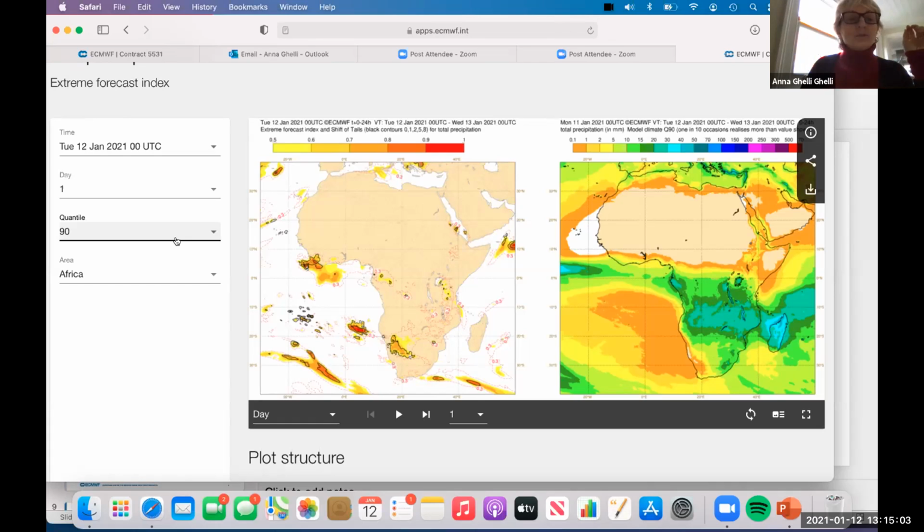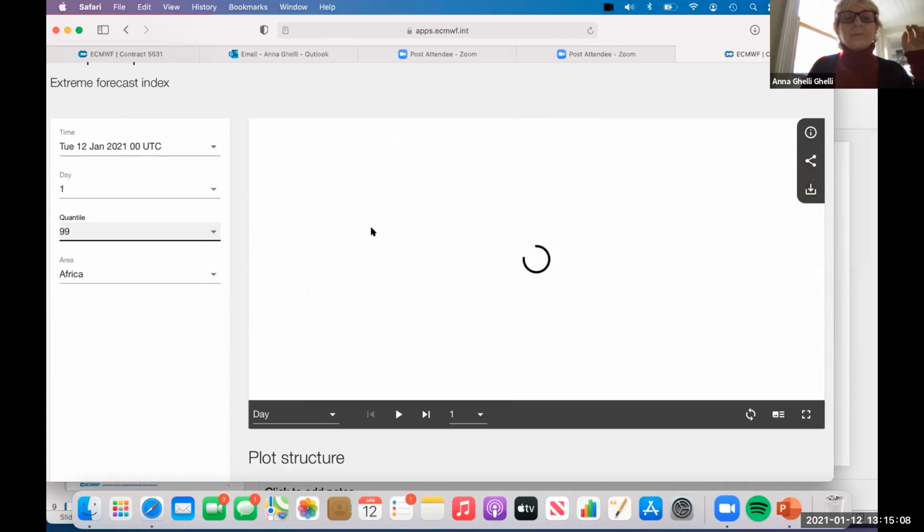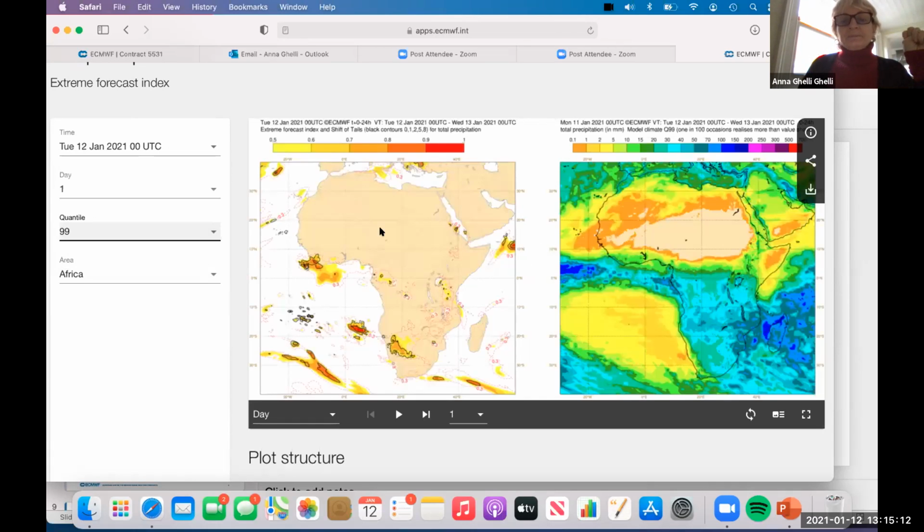If we go to the 99th percentile or quantile, you see again this is the signal.